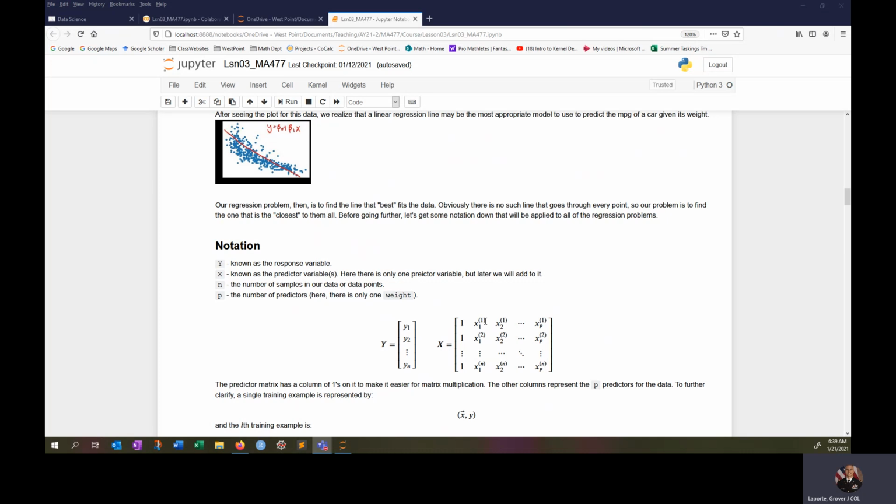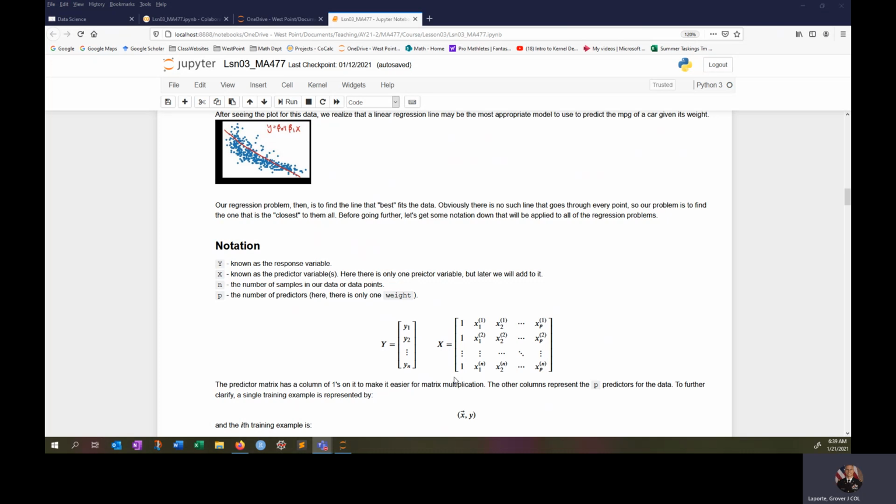If I have a superscript with parentheses around it, that's the index of the data point. So superscript (1) would be the first data point, superscript (2) the second data point, and the nth data point, and so on. So I'm saying I have n data points with p predictors, and we'll try to use that throughout the semester so that we don't get confused.